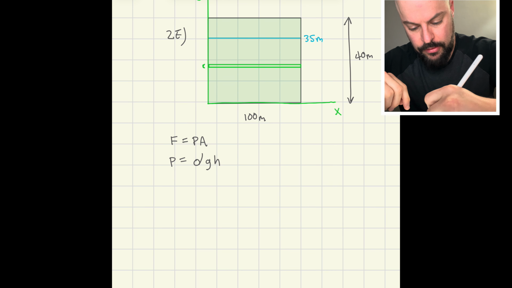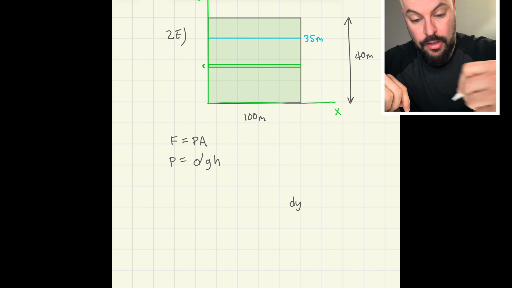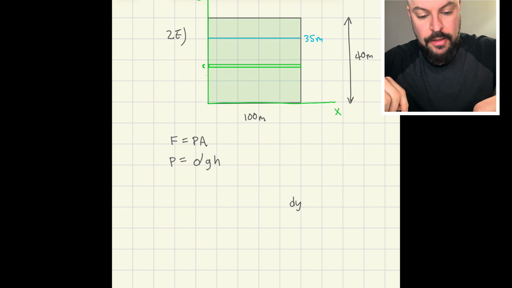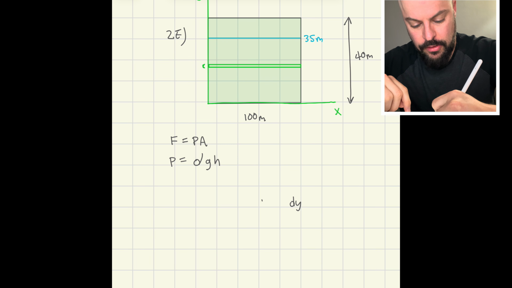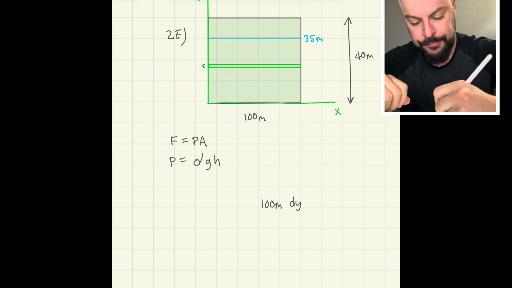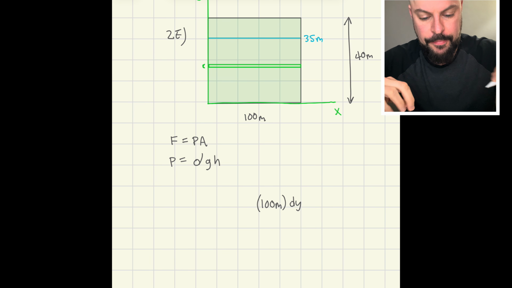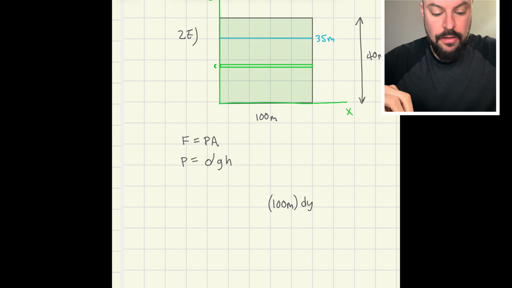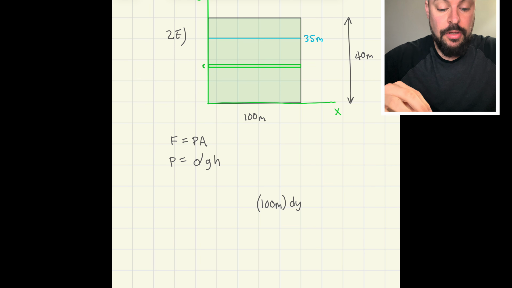So let's write that down. Down here we've got change in y, multiplied by the width of it, which is 100 meters. And now we need to do the pressure element of this.